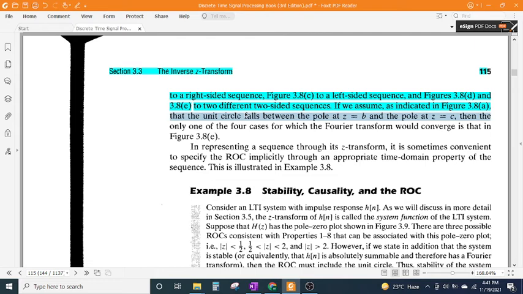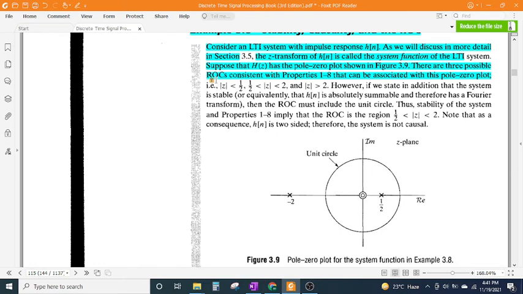There are 3 possible ROCs consistent with properties 1 to 8 that can be associated with this pole-zero plot, i.e., |z| < 1/2, 1/2 < |z| < 2, and |z| > 2. However, if we state in addition that the system is stable, or equivalently, that h[n] is absolutely summable and therefore has a Fourier transform, then the ROC must include the unit circle.